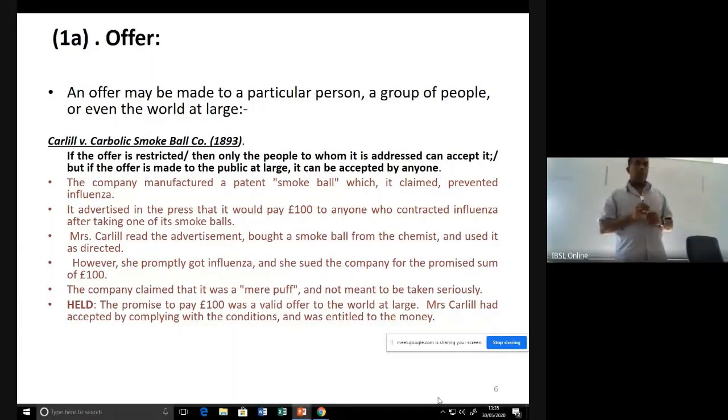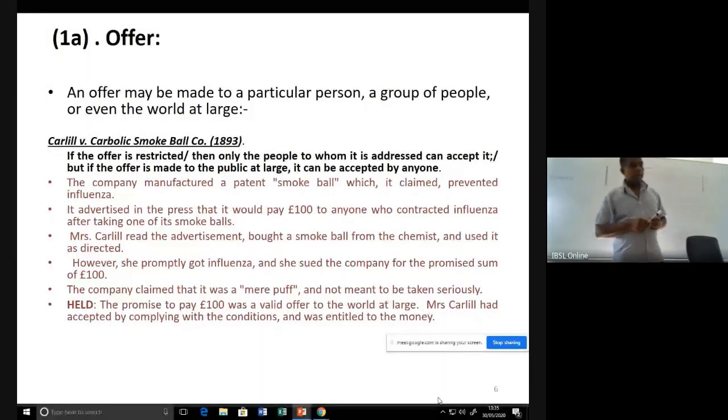The unique feature of this offer is that it is addressed to a particular person. So an offer can be addressed to one particular person. That's one way that you can make an offer.